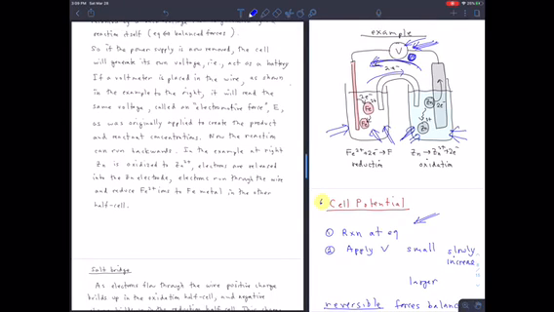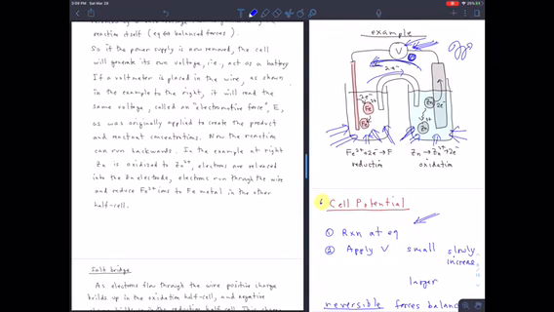Now I continue turning up the voltage higher and higher, and as I do, I create more products on this side and more products on that side. I deplete more reactants on both sides. I continue applying voltage until I get as many products in both pots as I want and deplete as much reactant as I want.